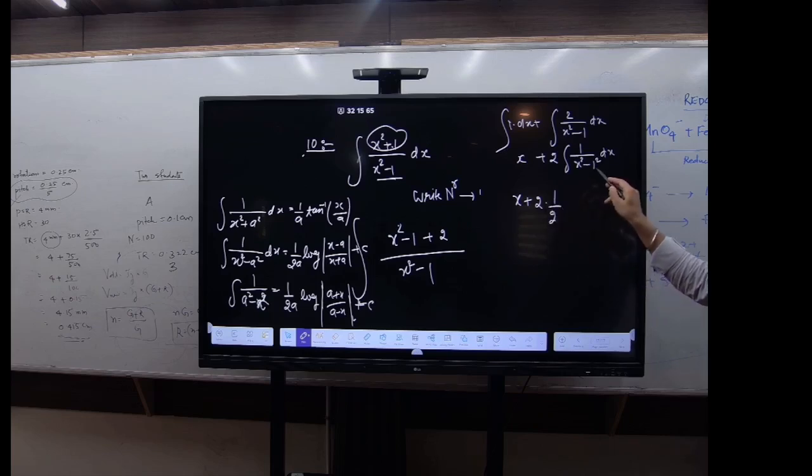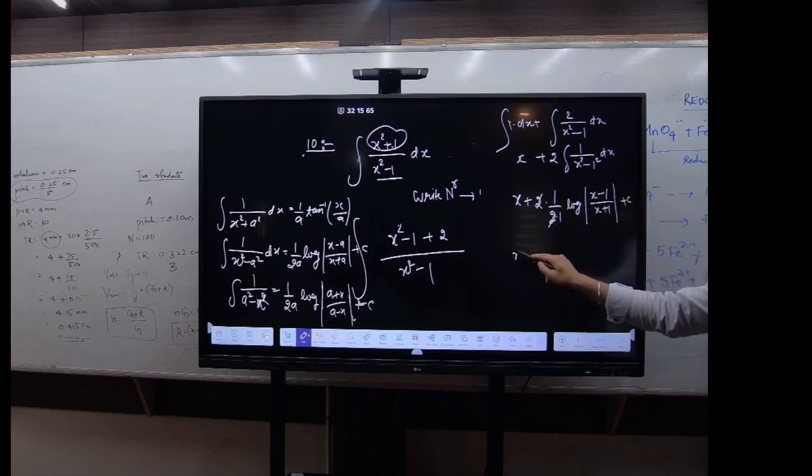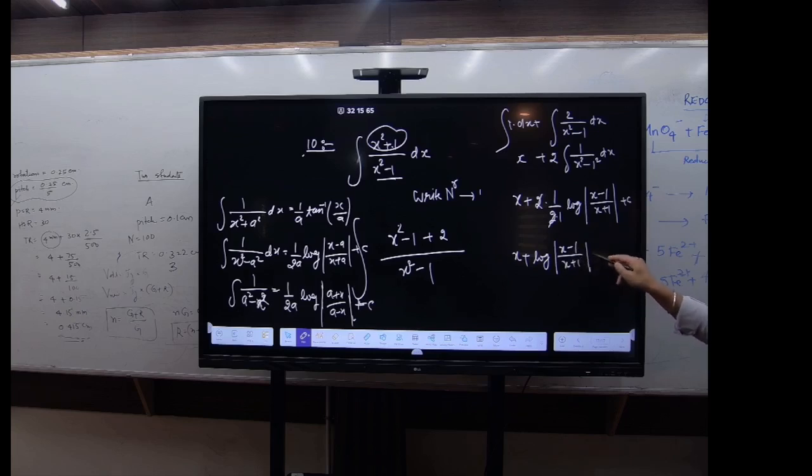So a is basically 1, 1 log x minus 1 divided by x plus 1 plus c. 2 to get cancelled. So I will get x plus log x minus 1 by x plus 1. Just write it.